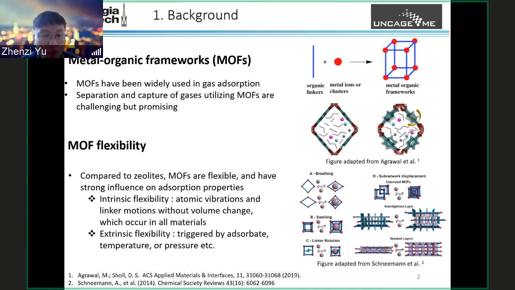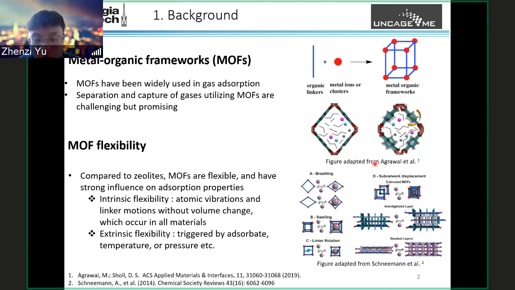There are mainly two types of flexibility. The first type is intrinsic flexibility, which is the atomic vibration and linker motion without volume change, which occurs in all materials. The illustration of that type of flexibility is shown in the figure in the middle.